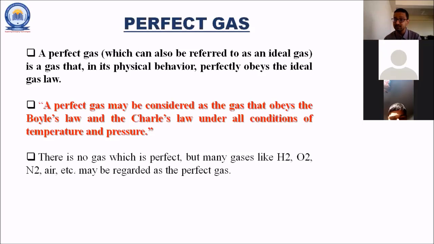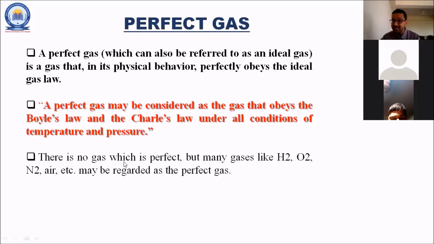Generally, friends, if we consider the practical approach, no gas is a perfect gas. All the gases are considered as the real gases. But from the analysis point of view, for finding the properties of the gases, we are assuming the real gases to behave like a perfect gas. So now you will understand the third statement.